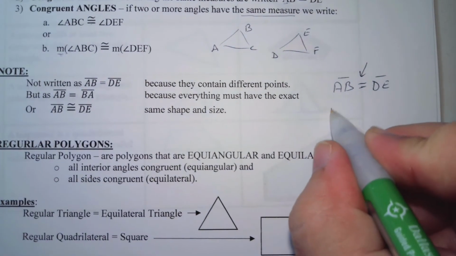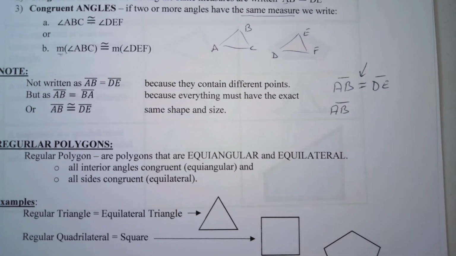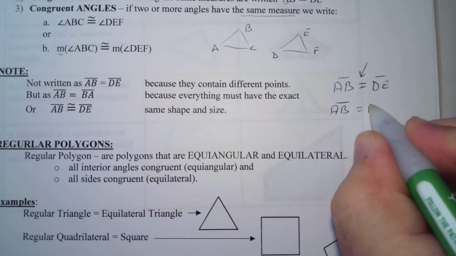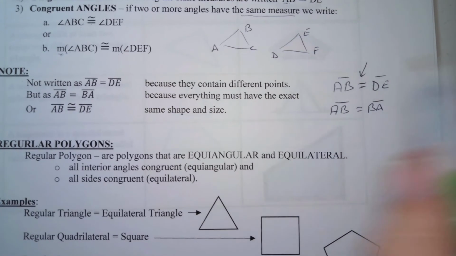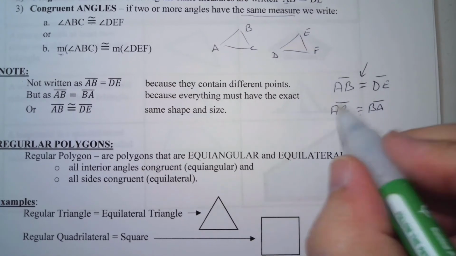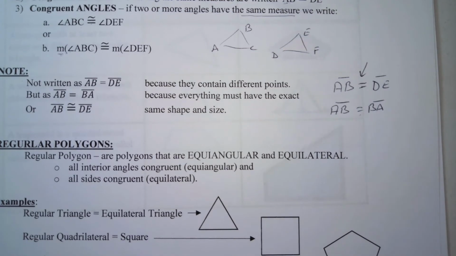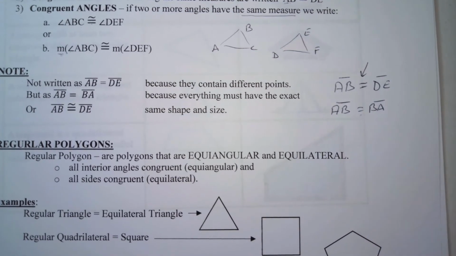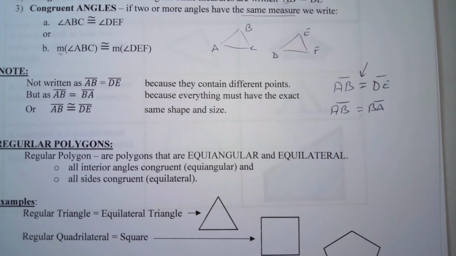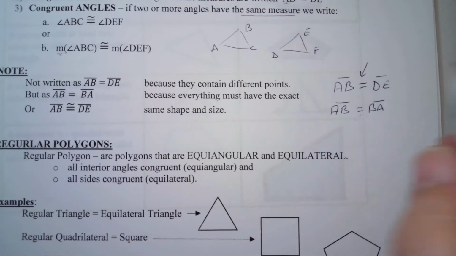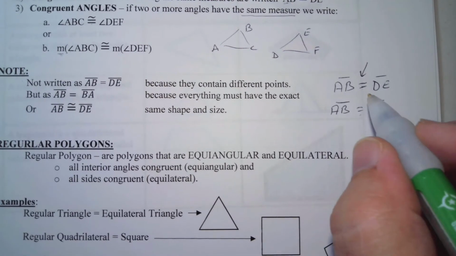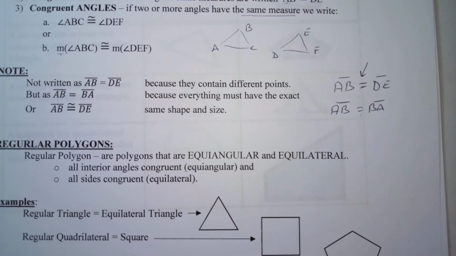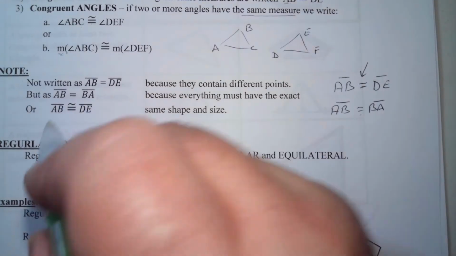What you could do is, if you're going to do equals, then we're going to have that. But congruent means the same length, the same angles. Equals means everything is identical. The same point, the same locations on the graph, everything.